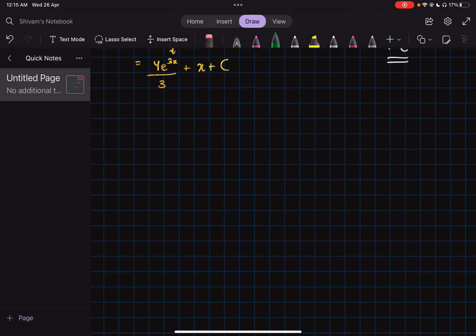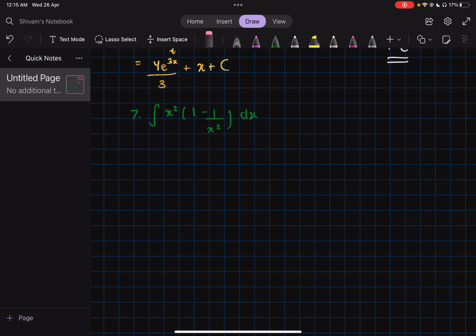Then for the next question, what we have is x squared times (1 minus 1 over x squared) dx. So a general tip for integration is that you're always gonna wanna expand stuff out so you can express it in terms of addition or subtraction, and then you can integrate separately.